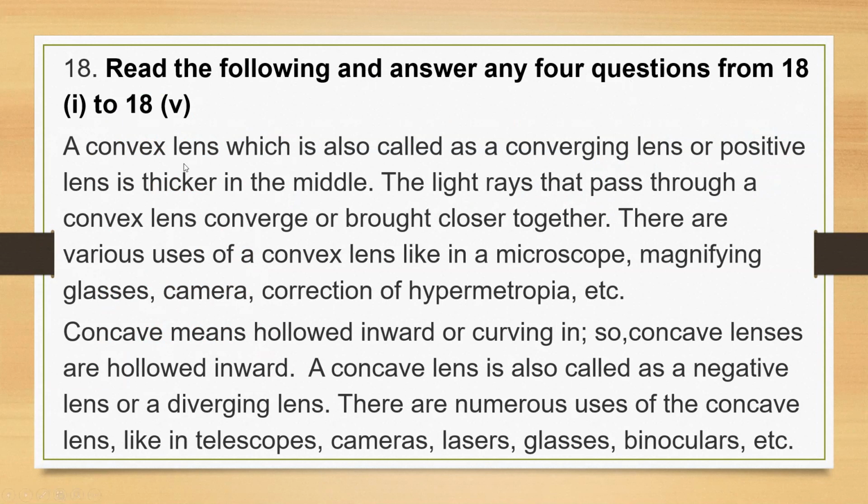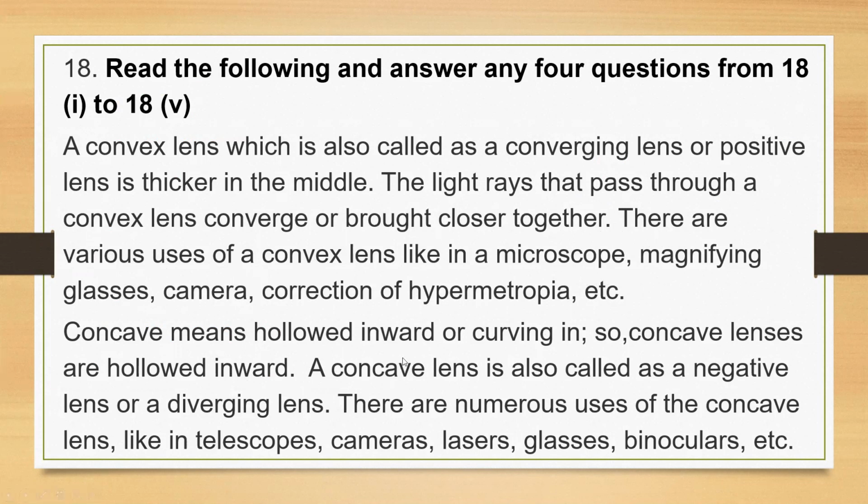A convex lens, which is also called a converging lens or positive lens, is thicker in the middle. Light rays passing through a convex lens converge or are brought close together. There are various uses of convex lens like microscope, magnifying glasses, camera, correction of hypermetropia, etc. Then we'll see about concave lens.